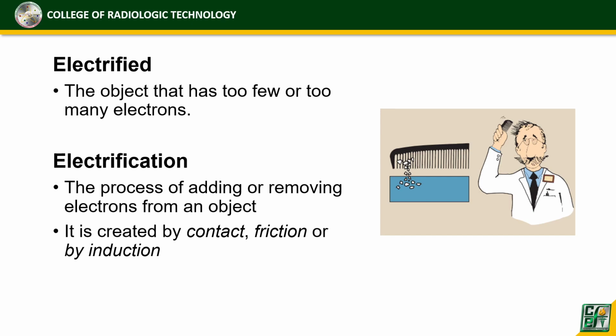And also by induction, kaya sa tatlo, yung induction ang kakaiba. Kasi when we say induction, it does not necessarily mean na may contact sila. Pwedeng magkadikit lang kahit hindi nagko-contact yung dalawang object, pero nagkakaroon na ng electrification. And that is what we will see later in the following slide.